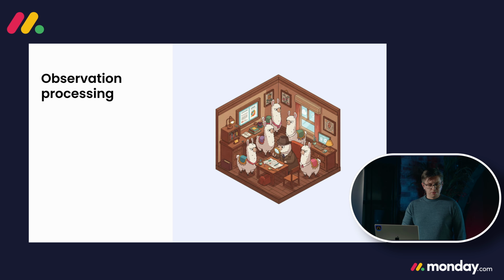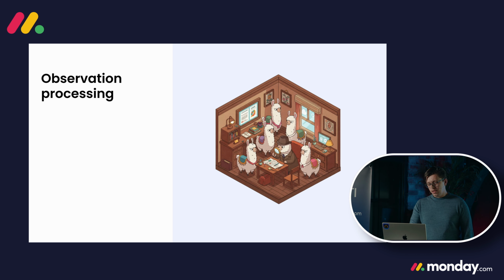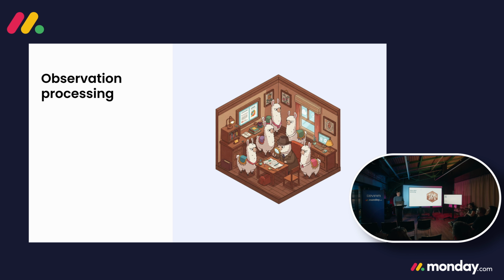But what is the observation processing, and why do we have 2 separate processing services in our architecture? We decided to separate the event aggregation from observation processing, because those serve 2 different purposes. The event processing is all about speed. It has to aggregate and create observations as fast as possible. And also, we don't generate observations that often, especially observations that exceed specific limits.